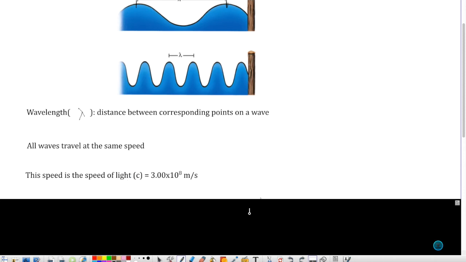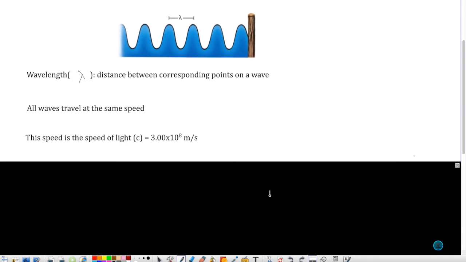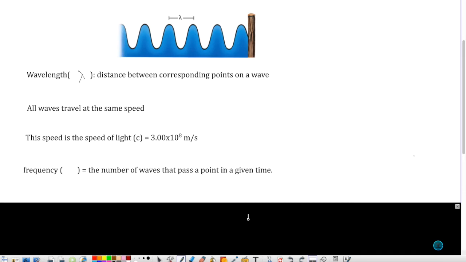Now another piece of information that'll be helpful for us is the frequency, which is the Greek letter nu, which looks like a curved V. Frequency is the number of waves that pass a point in a given time. So this is really like waves over time, which means that the units are going to be slightly strange here.